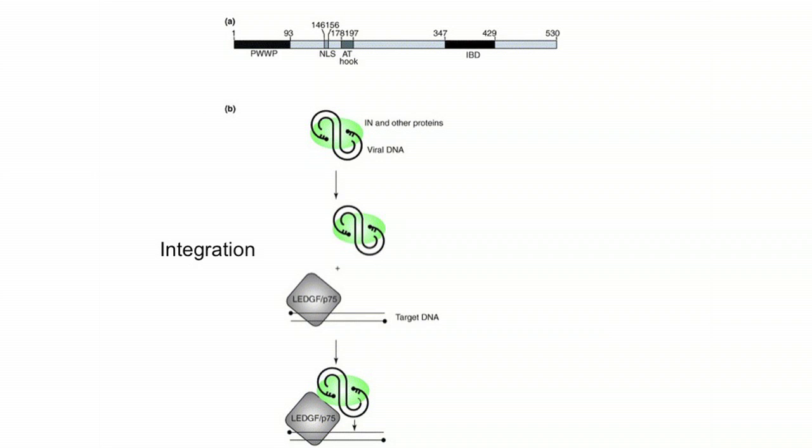And so why does HIV integrate into active sites? It's partly because of this molecule, LEDGF, partly also recently suggested by TRIM28. And basically, the virus really does go into active chromatin. It does not go into heterochromatin.